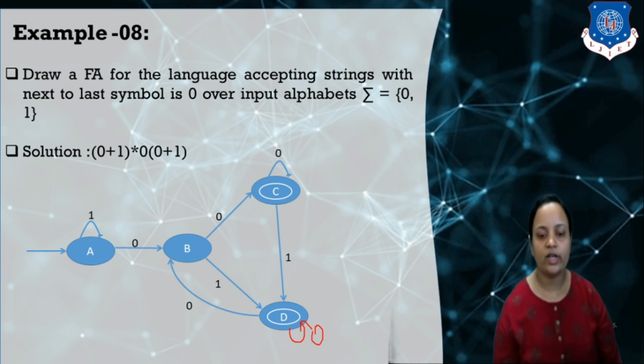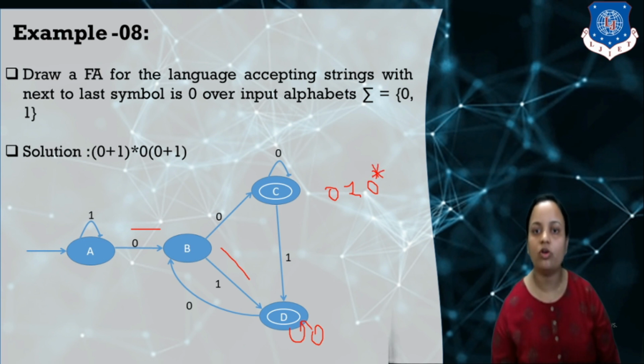A on 0, it means we consider a single 0, and then B to D we have to move on 1. Now from state D we have to consider 0 as a self loop. Suppose 0 is put as a self loop on state D. What happens? We have to check. Why do we not put 0 as a self loop? That I am going to explain to you.